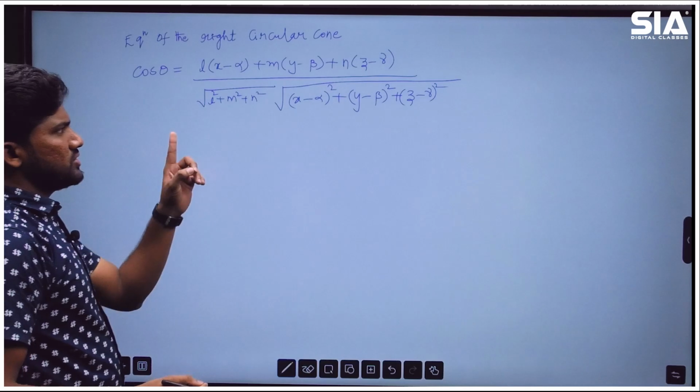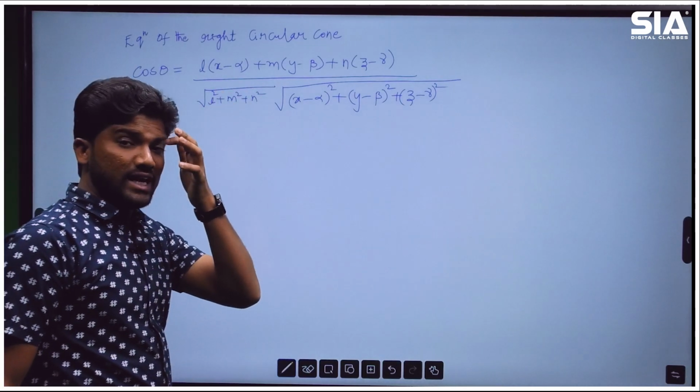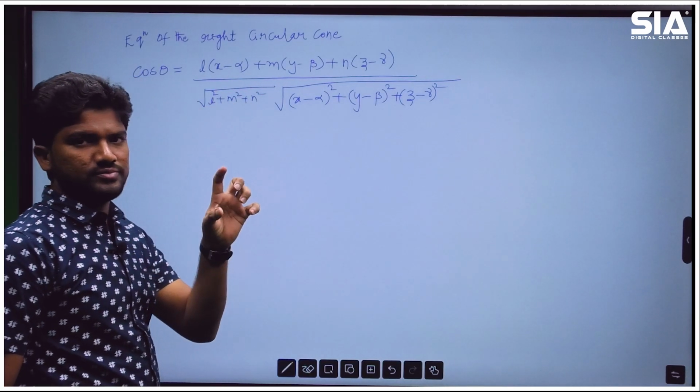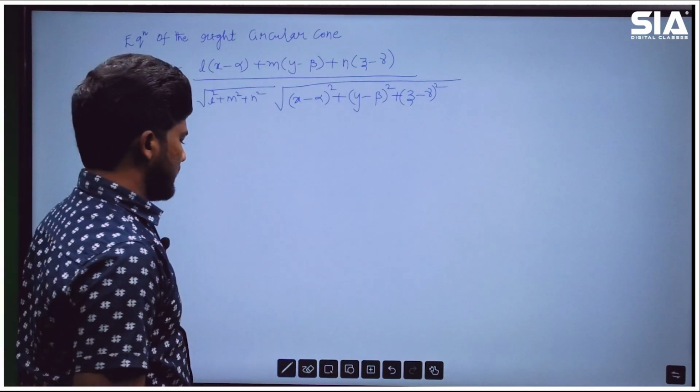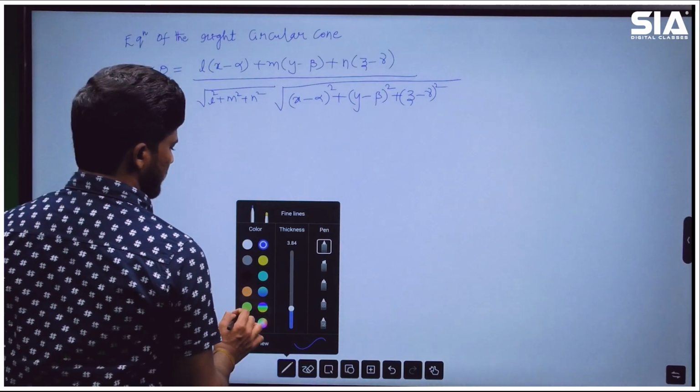Now substitute, what are the LMN values? LMN values are 1 1 1. And here alpha beta gamma, you know very well.